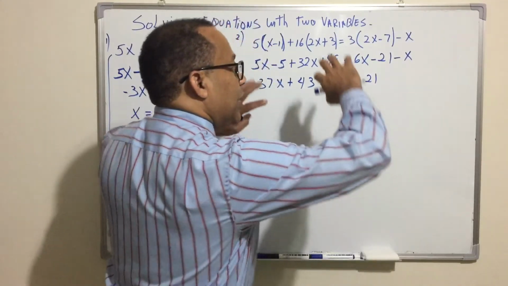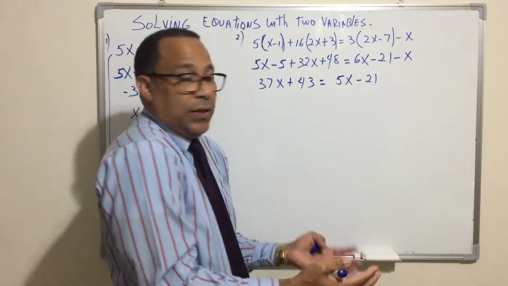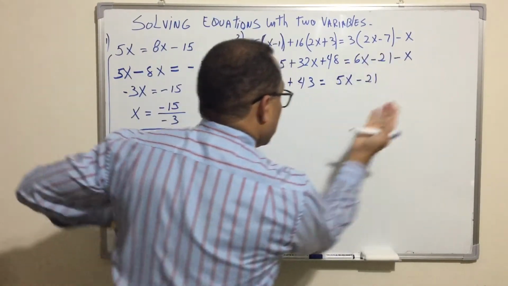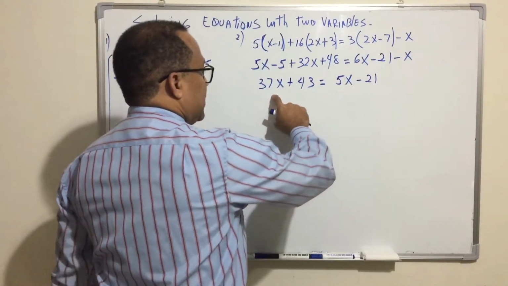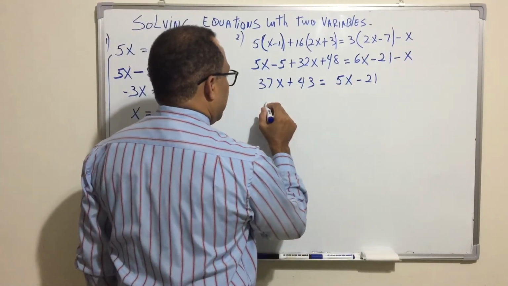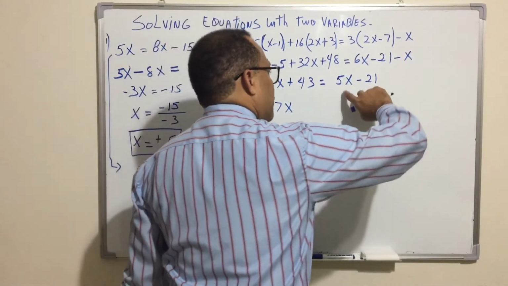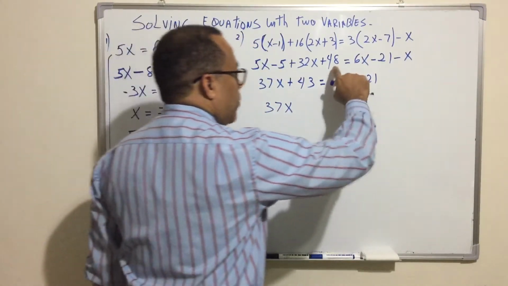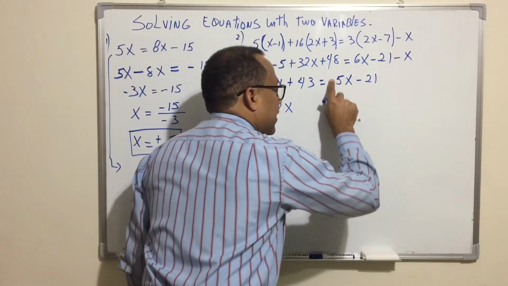Again, I need to put the like terms together. What's my plan? I'll do it this way. I'm going to take the 5x from the right side to the left side in order to have it next to the 37x. So what I'm doing is 37x. I'm going to move the 5x to the left. When I move the 5x to the left, the sign here is a positive sign.